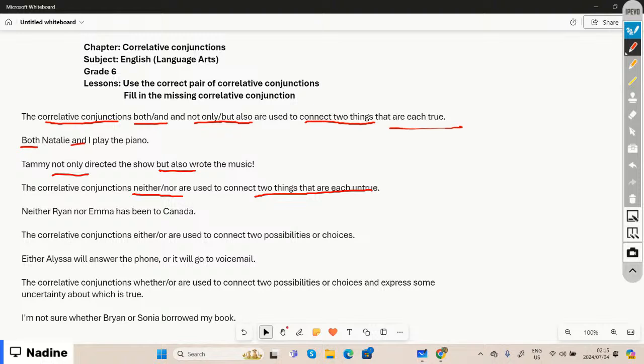And then we have another correlative conjunction, which is either or. We already have neither nor, now we have either or. It is used to connect two possibilities or choices.